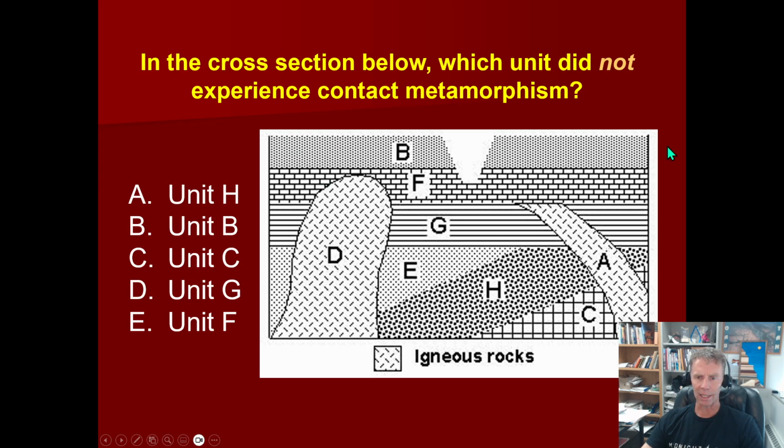But the one unit that kind of stayed above it all, now you could argue that we don't know how close this is to B, but the one unit that is not in direct contact with what was once magma is unit B. So that would seem to be the best answer based on what we know there.